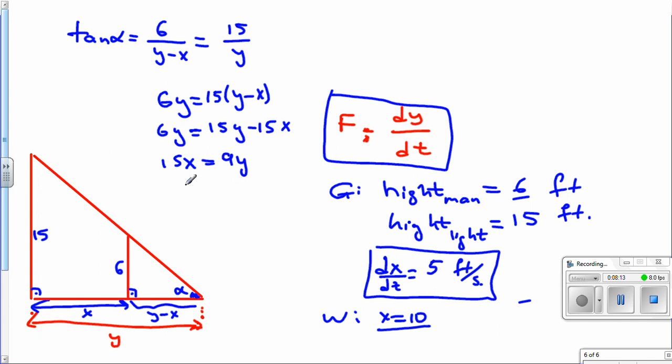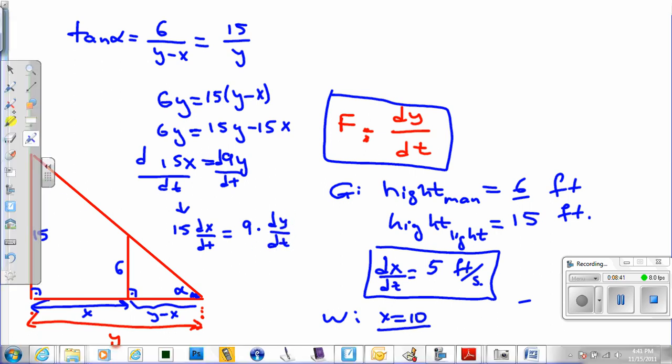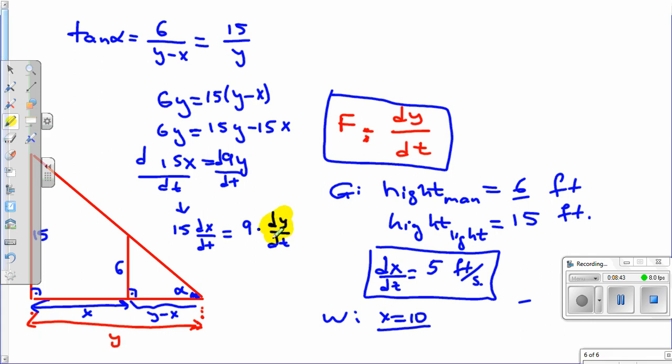Let's take d over dt of both sides. Here you have 15 times dx over dt equals 9 times dy over dt, and this is the part that we are trying to find.